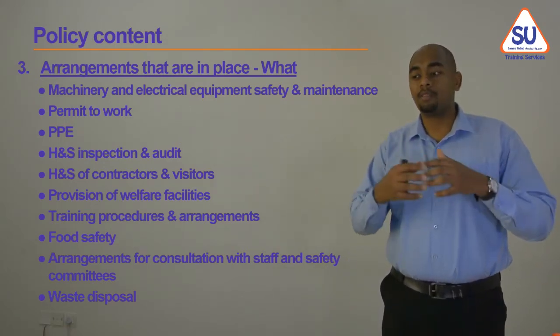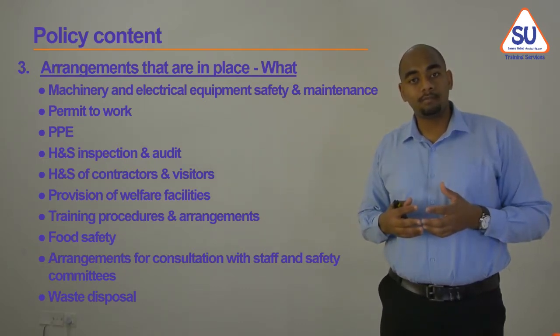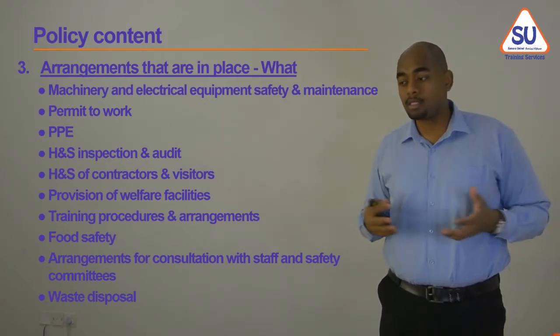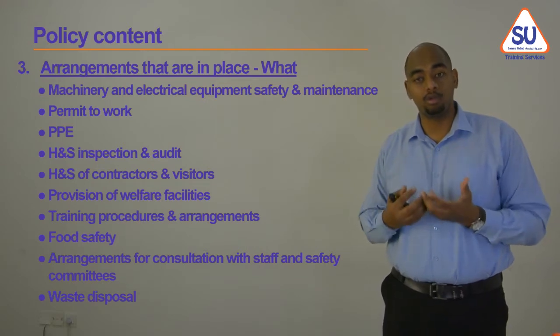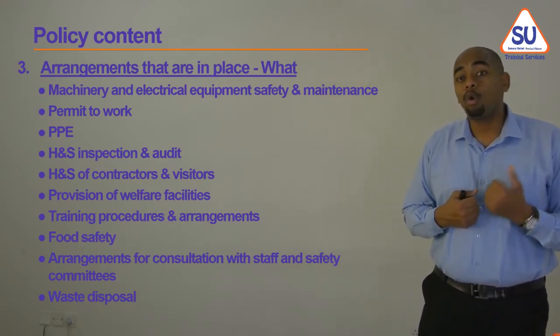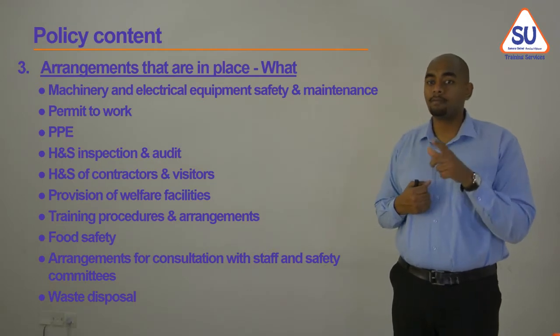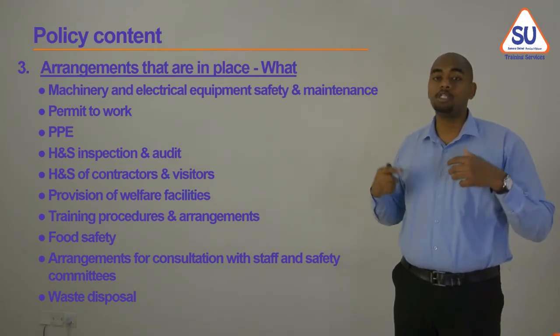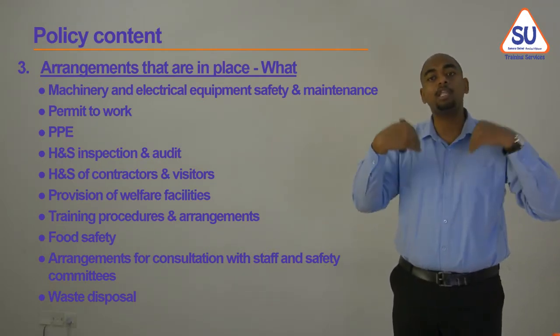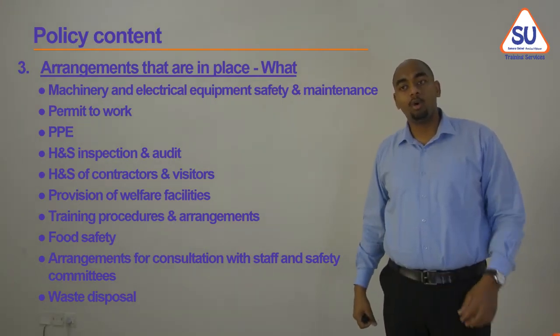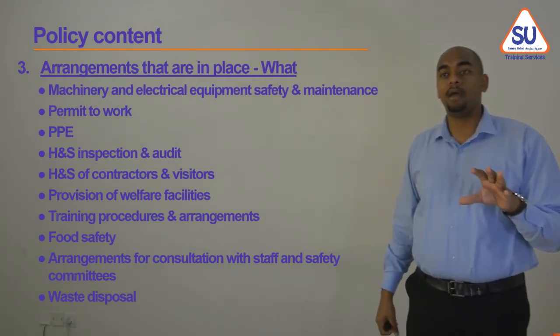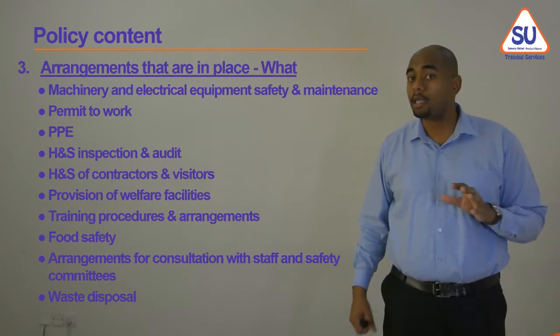The inspections are the workplace inspection or the identification of hazards, and also the corrective actions that need to be taken in the workplace. We also have the auditing procedure, internal or external auditing of the workplace. This should also be arranged in the arrangement section, along with when it should be carried out.